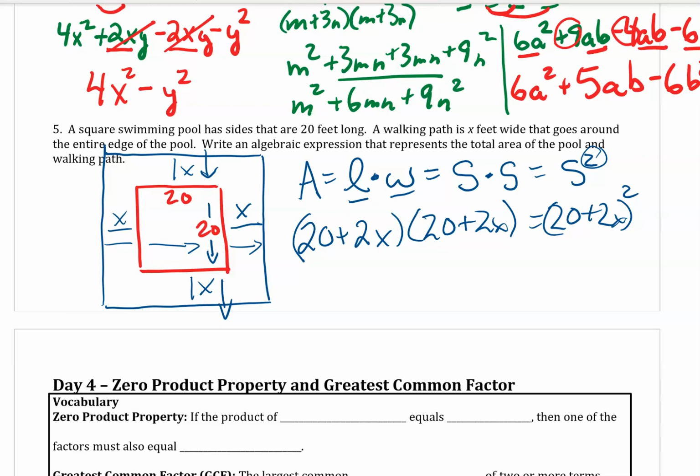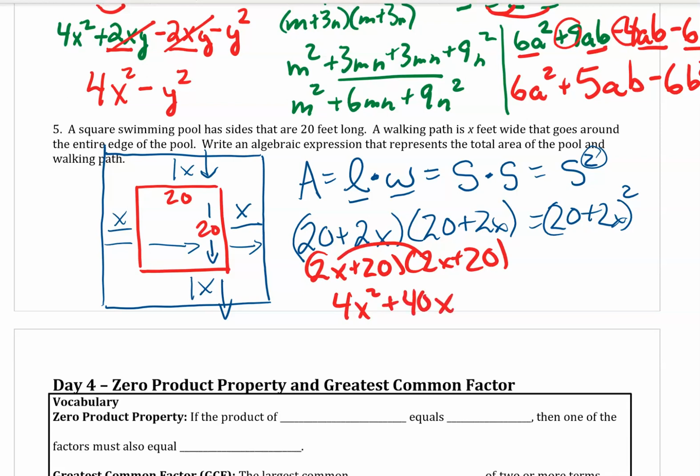Well, I could have done this as 2x plus 20. Probably would have been better to do it that way. 2x plus 20 times 2x plus 20. We'll do our first terms first. 2x times 2x is 4x squared. 2x times 20 is 40x. 20 times 2x is 40x.